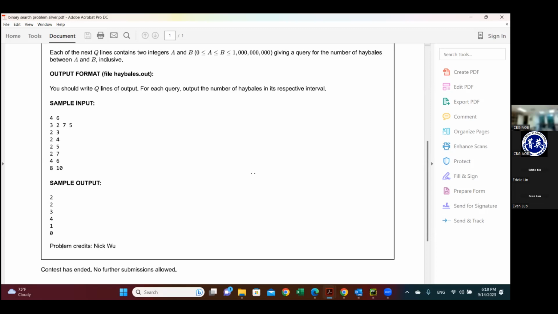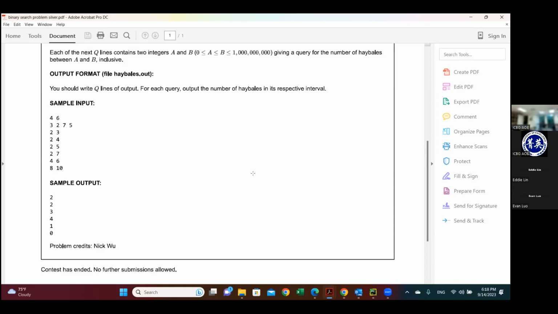So then what's the middle one? That's 7. Right? You already know 6 is less than 7 and larger than 5. So then you know this number is between 5 and 7.